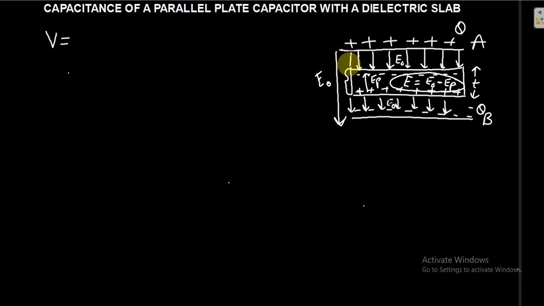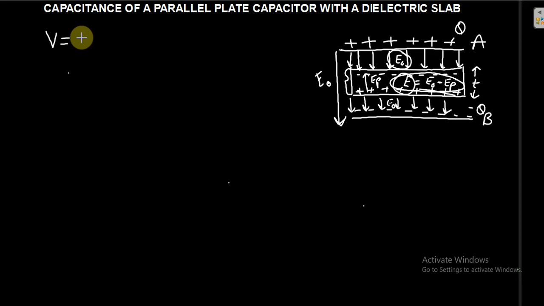But here there are different fields. In this region the field is E0, and inside the dielectric this is the net field E. So how will we find the overall potential? We find separate potentials for the E0 field and for the E field, and we add the two.